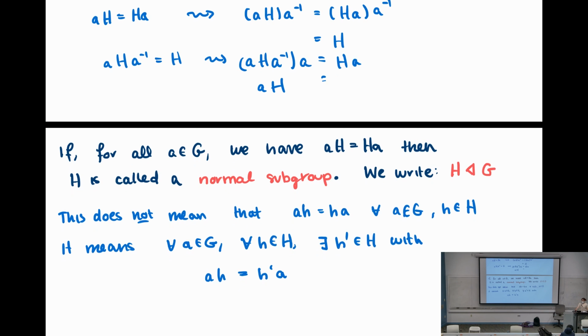So this condition is kind of like saying we can commute elements of G with elements of H up to, we might get punished by having to replace our h with a different h. So that is what this condition is saying. Are there questions about the definition?